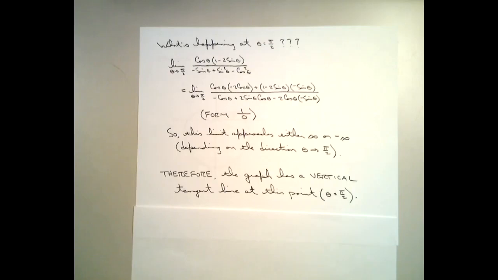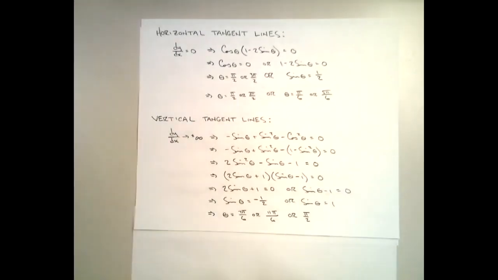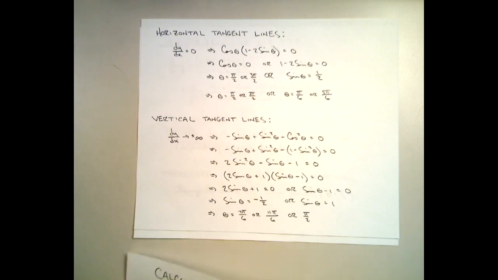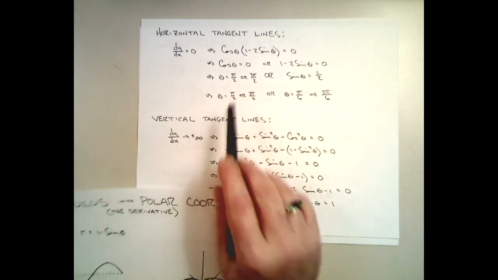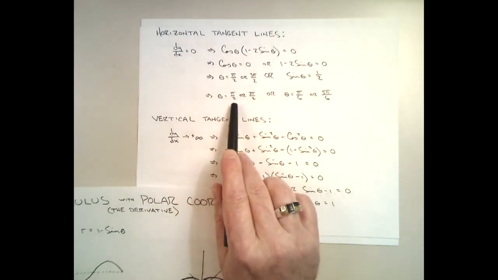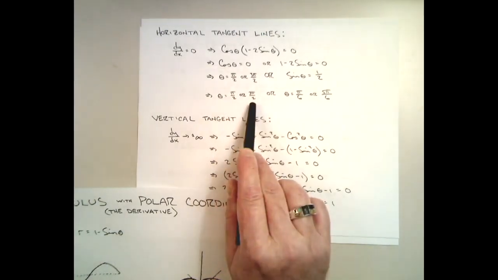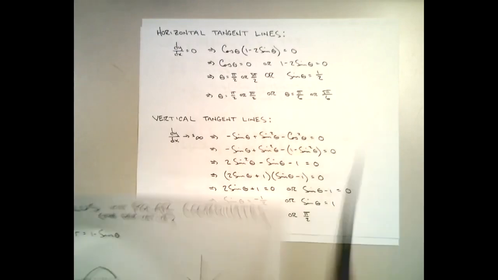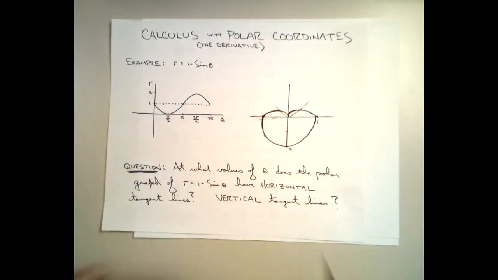So, do those answers agree with our picture? All right, so we can rule out pi over 2 here. We just established that we don't have a horizontal tangent line there, but at 3 pi over 2, at pi over 6, and at 5 pi over 6, we have horizontal tangents.